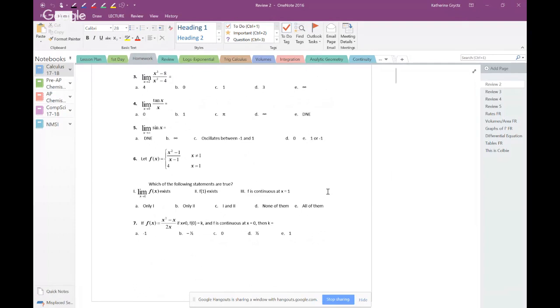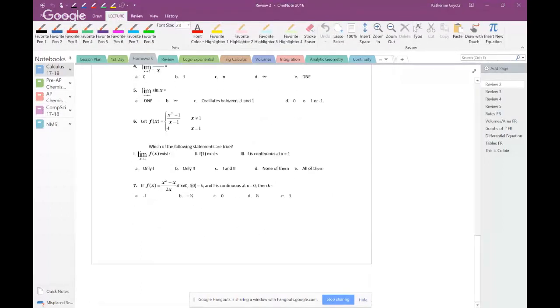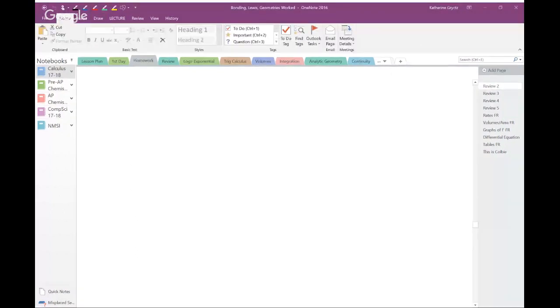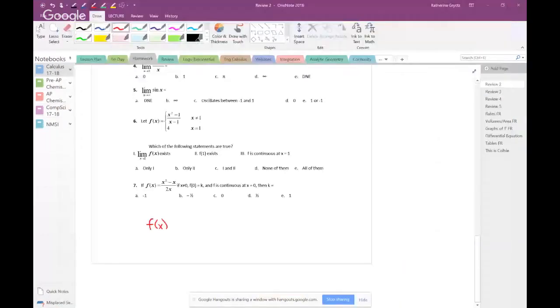Well, it's telling you that the thing is continuous. So this is really a piecewise function. The way it's written, I'll write it a little different.